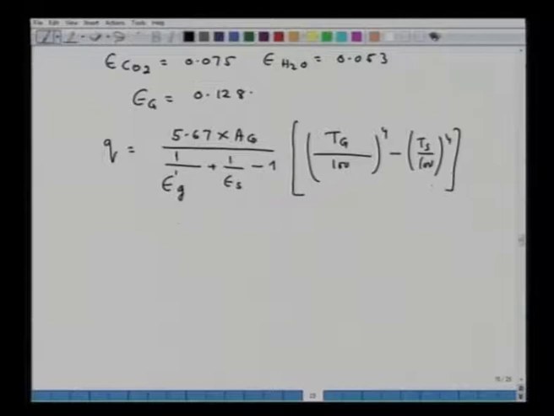So, if you substitute, then Q radiation will be equal to 29,722 watt per meter. Now, you see the heat transfer by radiation in presence of triatomic gases is a very, very important thing, and a substantial amount of heat is transferred when the gases contain triatomic gases.